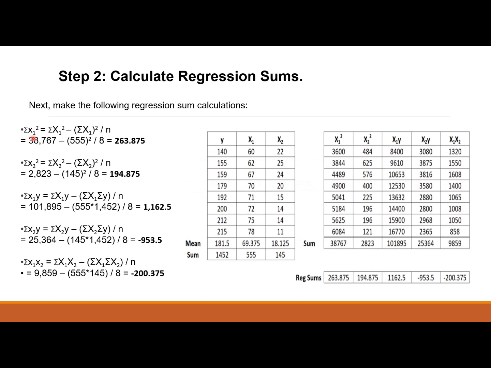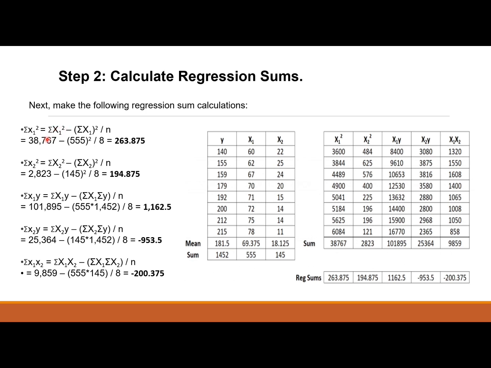Here is the formula for the summation of x1 squared: the summation of x1 squared minus the summation of x1, then squared, then divided by n, or the number of given values, our samples. So we get the total of 38,767. So here's the x1 squared.